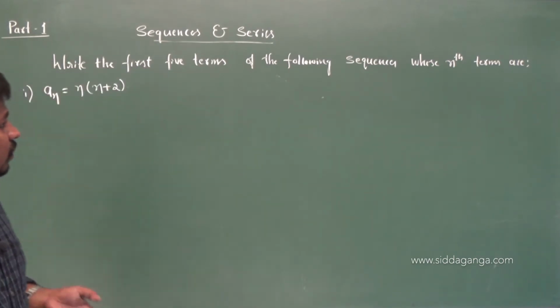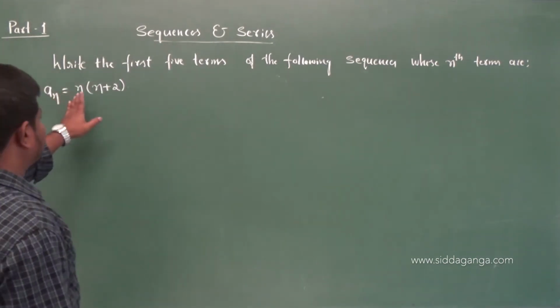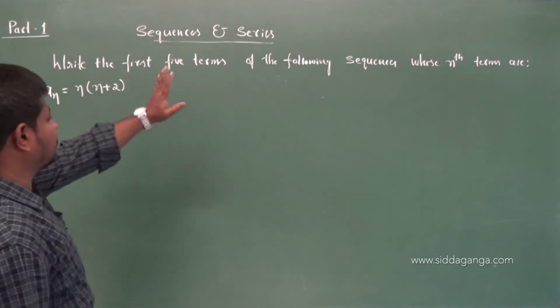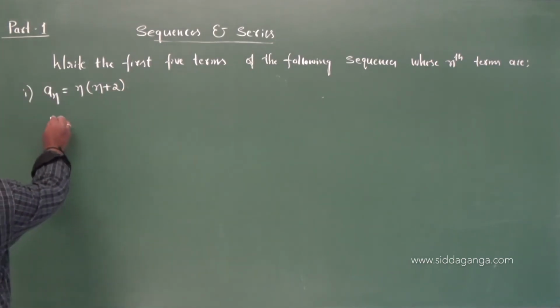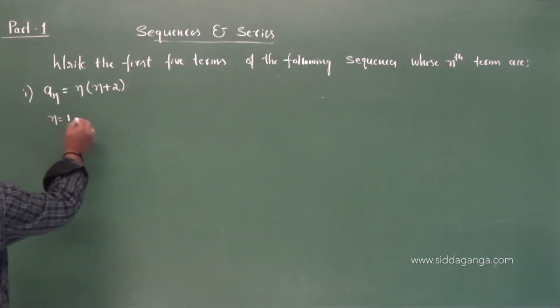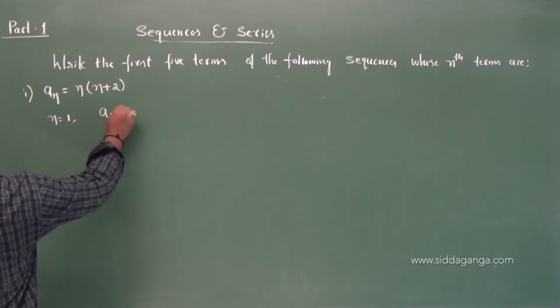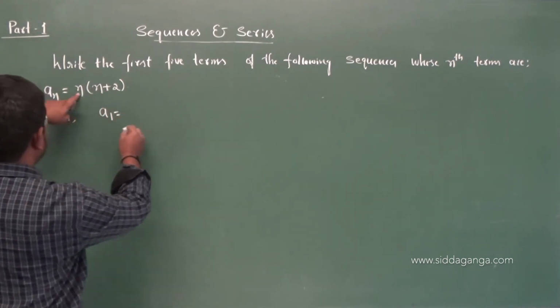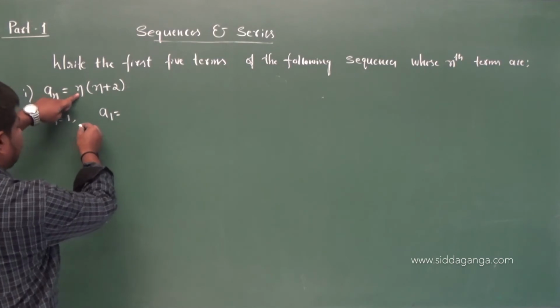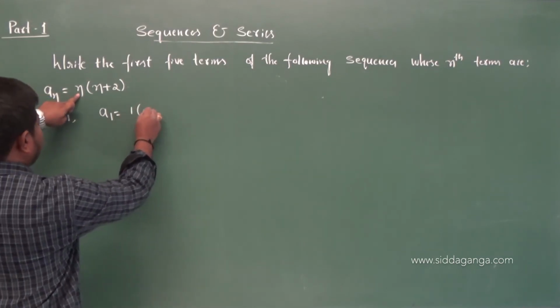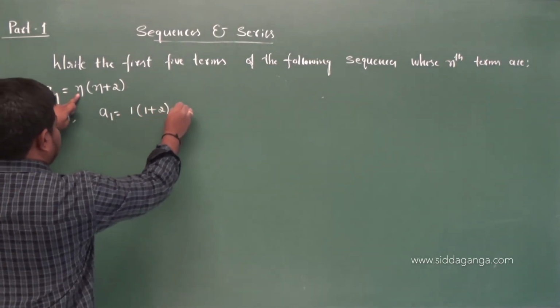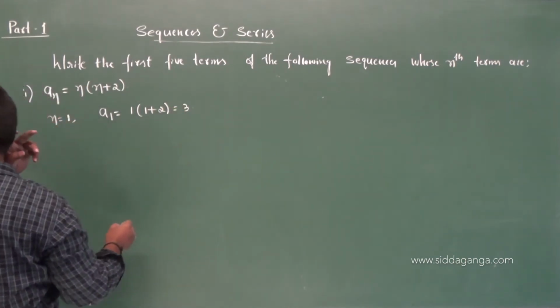So by using this nth term, you can find the first 5 terms. When n is 1, you get a1. In place of n, substitute 1: 1 into 1 plus 2, that is 3. The first term of the sequence is 3.